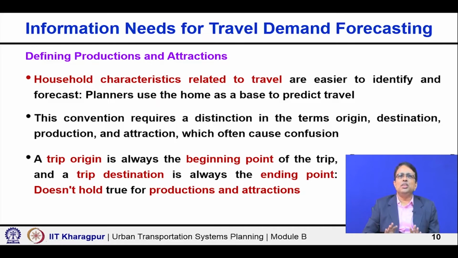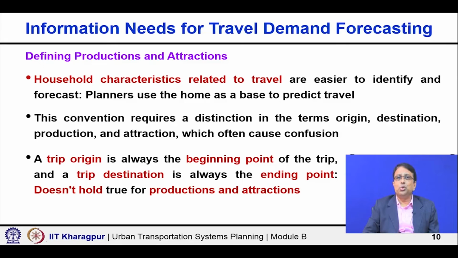When we say origin, destination, for any trip, the beginning of the trip is the origin point, the end of the trip is the destination point. So, any trip starting from A going to B, A is the origin, B is the destination, right, no confusion.